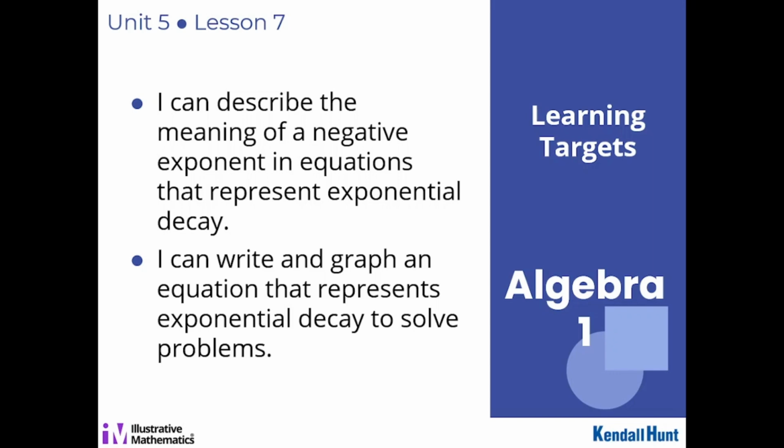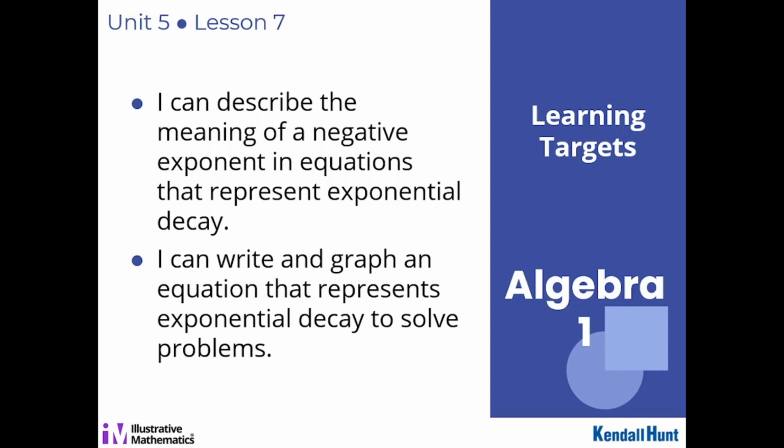Learning target number 1 says I can describe the meaning of a negative exponent in equations that represent exponential decay. So there's 2 meanings that you need to understand. The first meaning is that we are looking backwards into the past. So we're making calculations for previous quantities instead of moving towards the future.